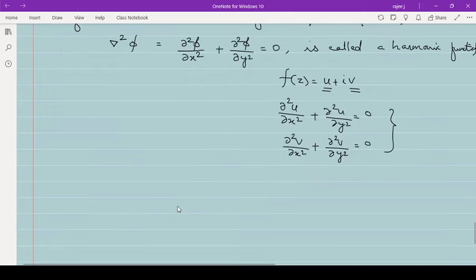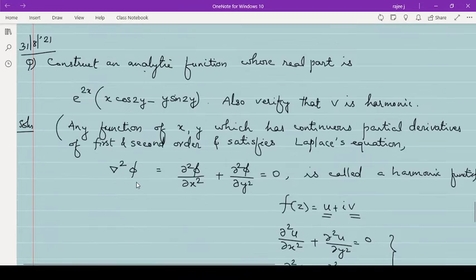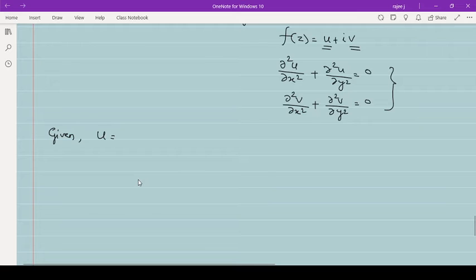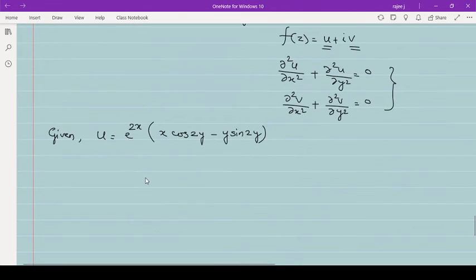To get the analytic function, as always, we start with the real part. Given real part u is equal to e raised to 2x into x cos 2y minus y sin 2y.